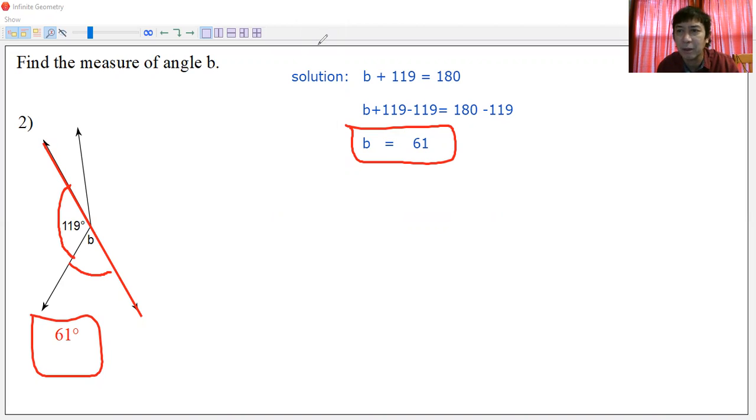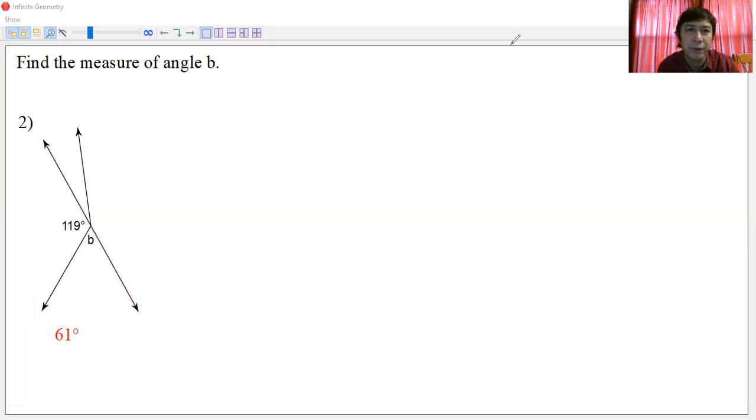The first number was complementary. When the sum is 90, then it is called complementary. If the sum is 180, then it is called supplementary angles. All right, this is the second. Let's continue with the third. Let me erase the answer and proceed to the third.